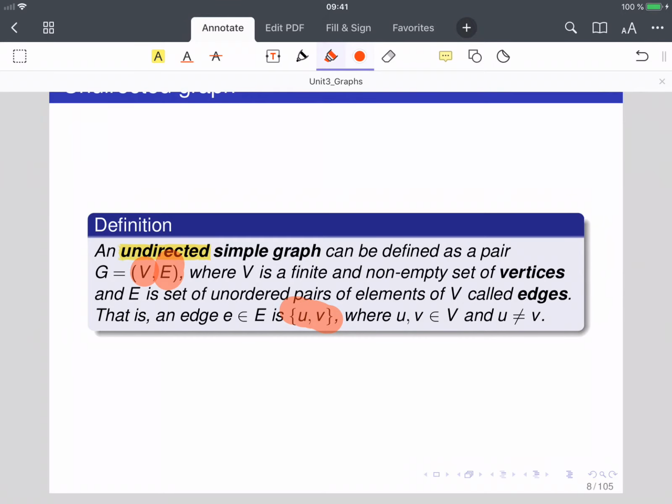Since they are non-directed, there is no direction, they are non-ordered, then we represent them with sets of two elements. So a set of two elements is an edge, and it means that in this case, for instance, U is connected with V.